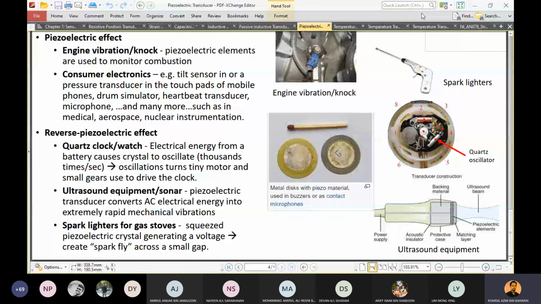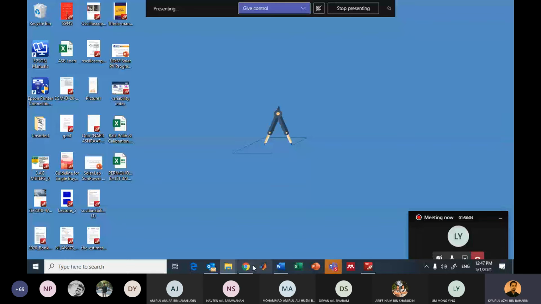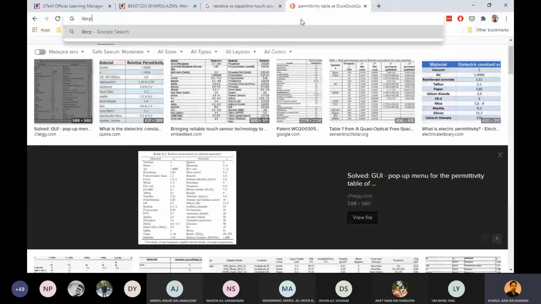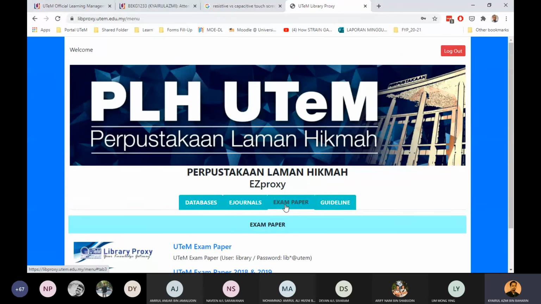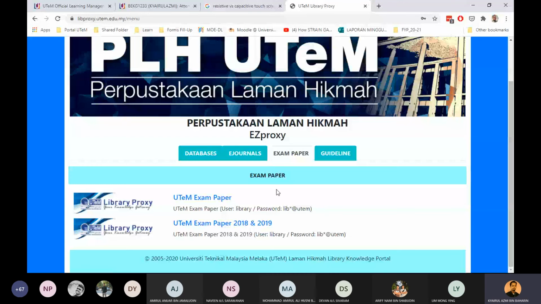Okay, Aisyah already has it. So never mind, I'll open it anyway. So via the proxy. Yes, here. Login. It's a bit slow. So you look for it here. Exam paper. Via the proxy, and then you log in using your own account.